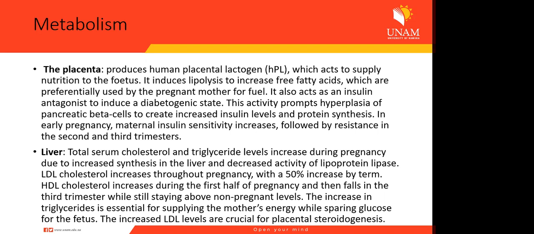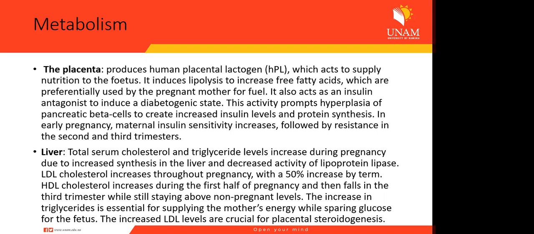It produces hormones like human placental lactogen, which helps to supply adequate nutrition to the growing fetus. And what does it do? It induces lipolysis, making free fatty acids preferentially used by the pregnant mother for fuel. All right, human placental lactogen is an anti-insulin agent, and this is what is responsible for the diabetogenic state of pregnancy.